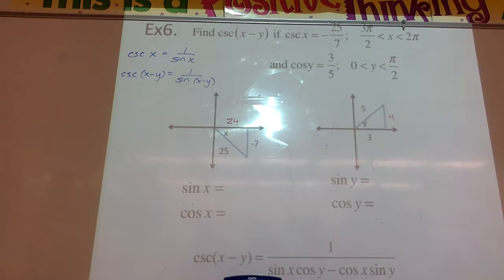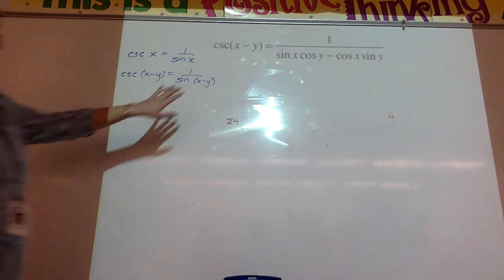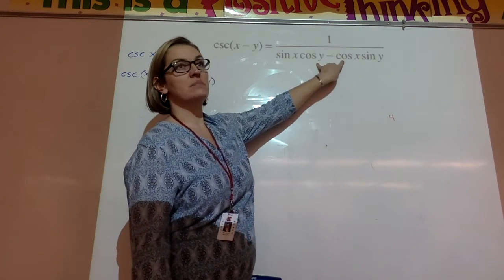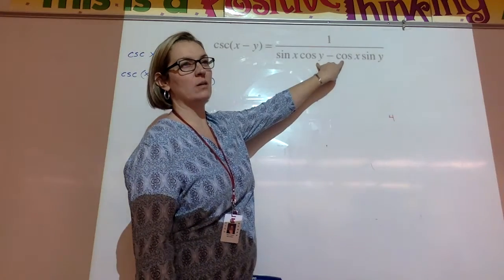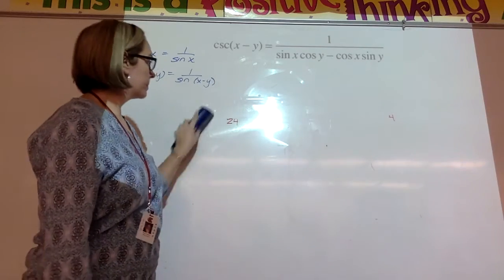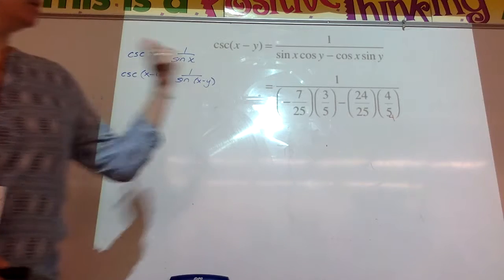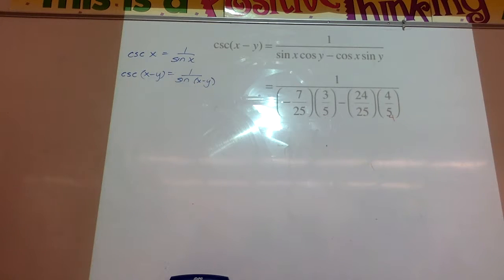You notice I have it at the bottom and I have it at the top of the next screen. This cosecant formula is what I have here substituted in for the x and y values. I then take those numbers and put them into the fraction. It looks like this. And where do I go from here?